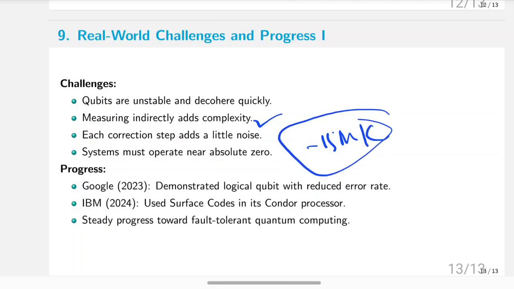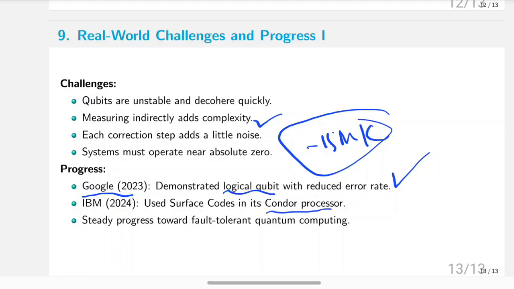As for progress in quantum error correction, in 2023 Google demonstrated a logical qubit that had fewer errors than physical qubits, reducing the error rate. In 2024 IBM used surface code patterns in the Condor chip.